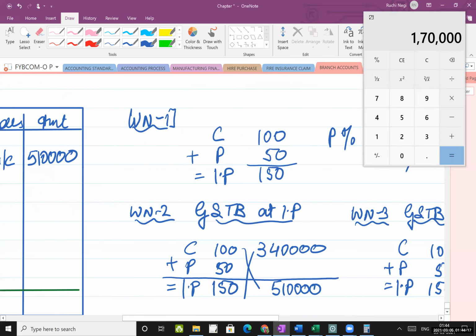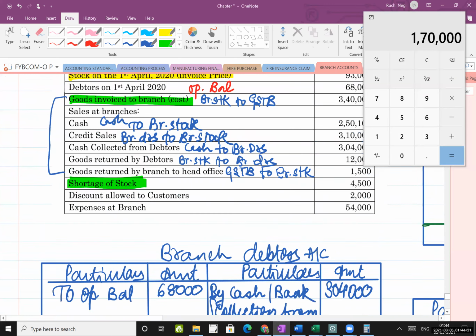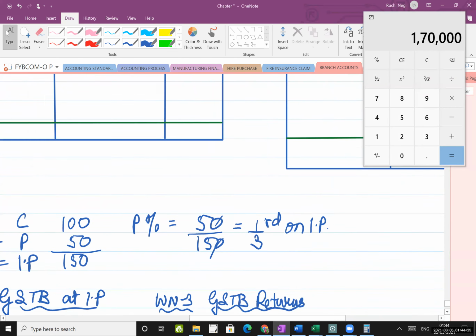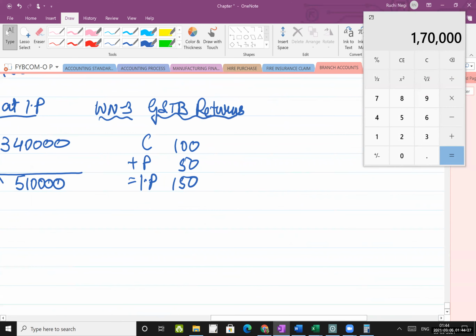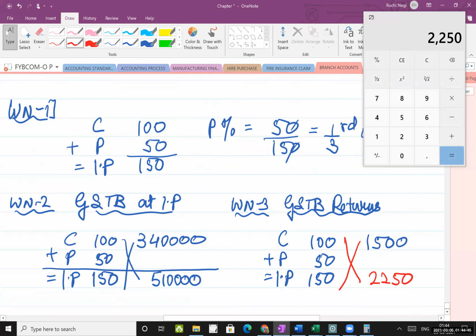What is the amount of returns? Returns is at what price? 1500. Fine, so right here 1500. Assume that it is at cost, obviously. Cross multiply, you will get this answer. Okay, so 150 into 1500 divided by 100. How much is it? 2250. Okay, so this will be my amount.